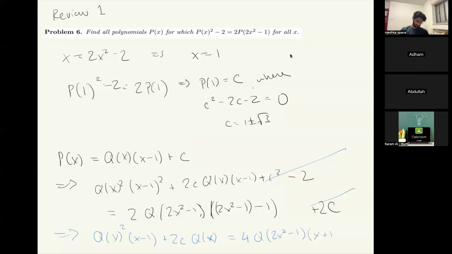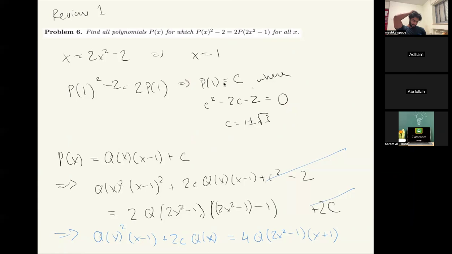Is this right? Yes, I think this is correct. Yeah, it's correct.